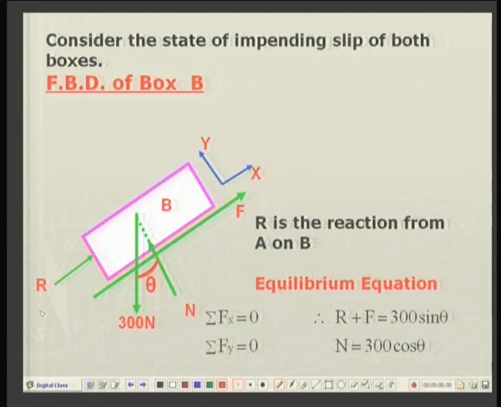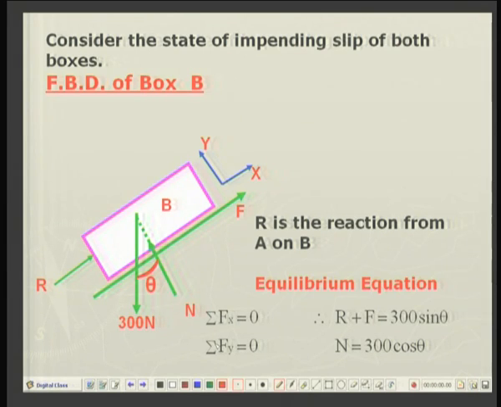So, a normal reaction between A and B is R, which is trying to push box B up the incline. Now, at the time of impending slip, because the slip is about to take place down the slope, the force of friction will be opposing it, that is up the slope, and this is the normal reaction.